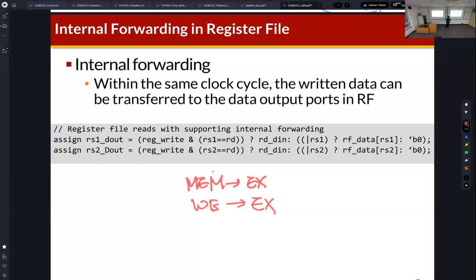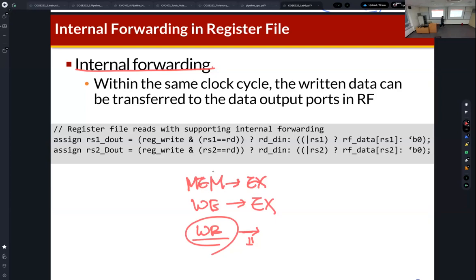That means the input of the ALU. And then I also mentioned that when the data is being written back to the register file, this data can be forwarded inside of the register file. Okay. So this is called the internal forwarding. So within the same clock cycle, the written data can be transferred to the data output ports in the register file. This is the internal forwarding.